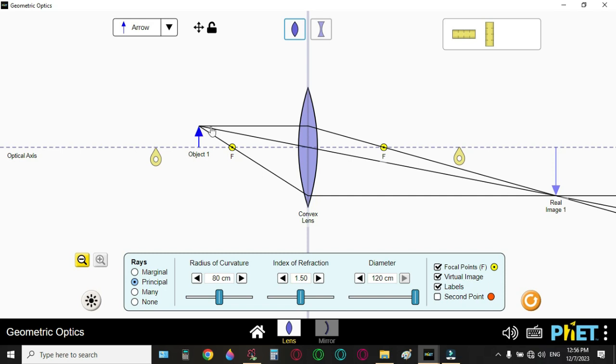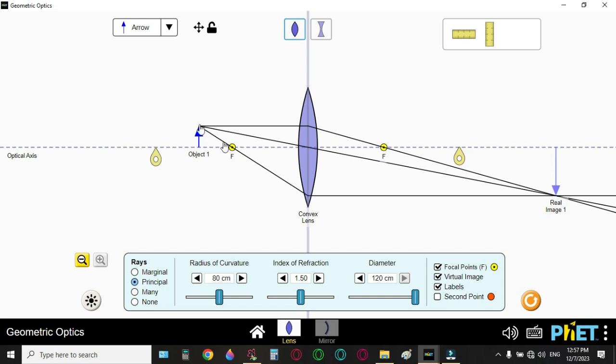Again, the principal rays are drawn similar to the first two cases. The first ray is parallel to the optical axis, refracting through the focal point on the other side of the lens. The second ray passes through the vertex, and then it should meet up with the first ray at this point.